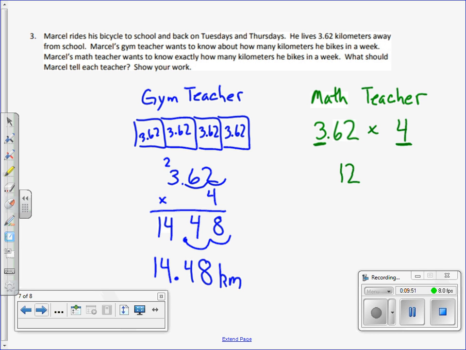Or you could round up to 4. You might want to do that. So if you rounded 3.62 up to a 4, 4 times 4 is going to give you 16. So either estimate I would have accepted, 12 or 16.